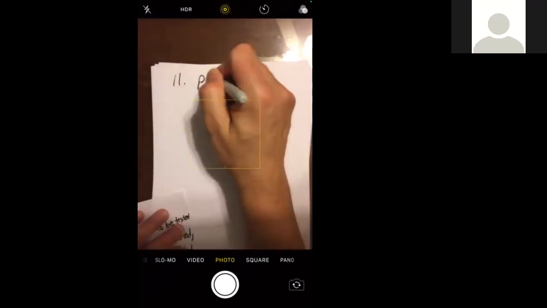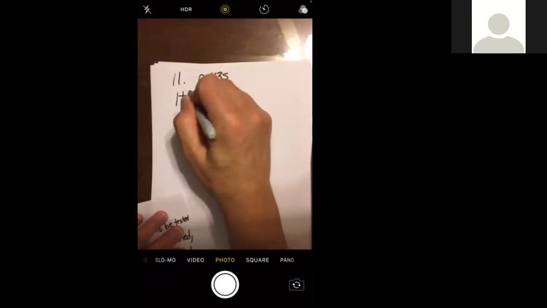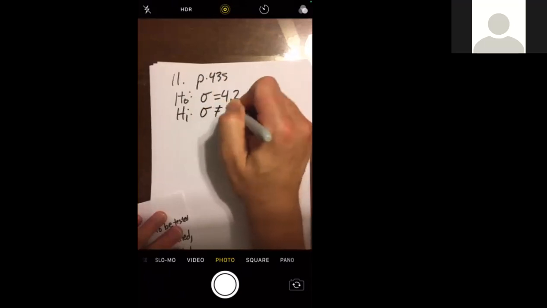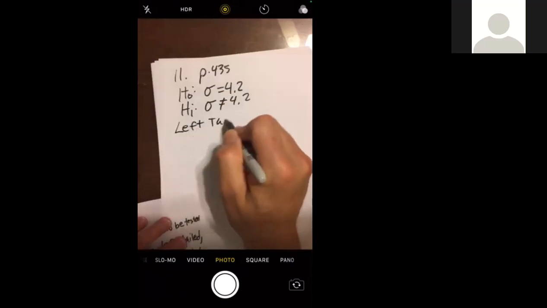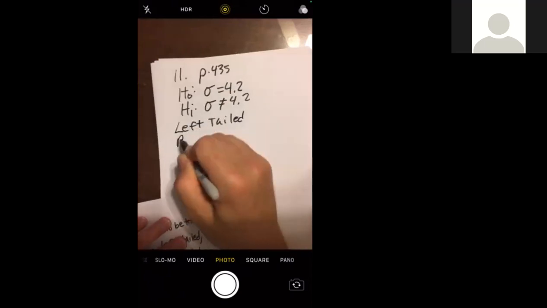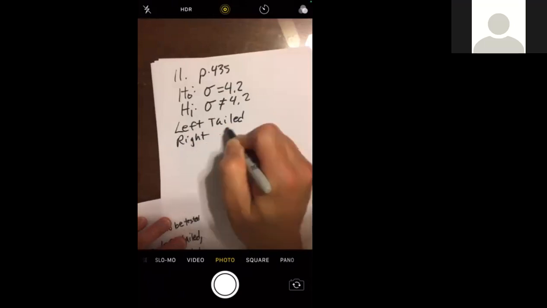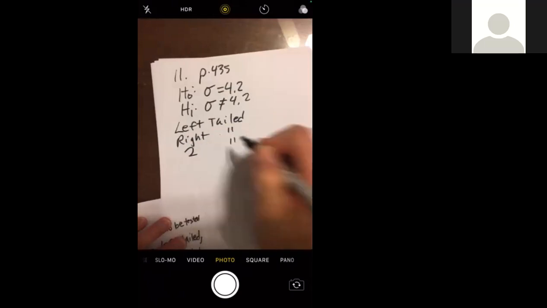This is off page 435. Your null is the standard deviation equals 4.2. And your alternative is standard deviation not equal to 4.2. Again, your multiple choice. Is this left-tailed, right-tailed, or two-tailed?